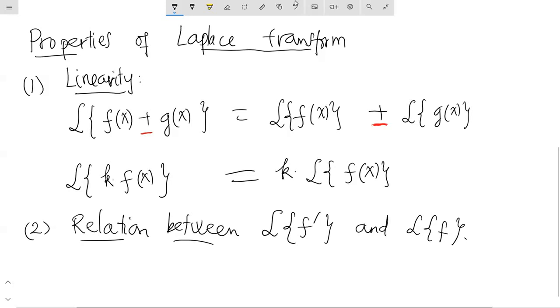So what is the relation? We will assume that both functions f and f prime are exponentially bounded, so the Laplace transforms are defined.